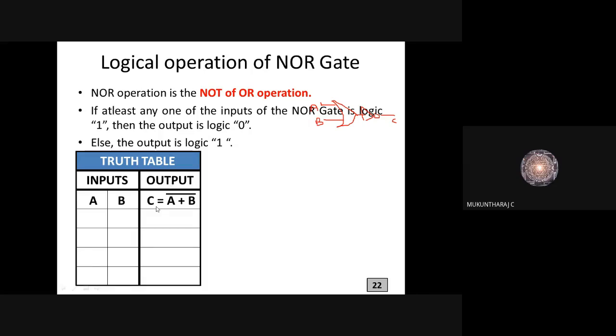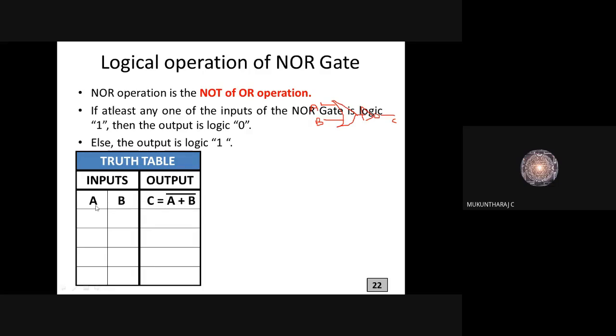This is the logical expression for the NOR gate: C equals A plus B whole bar. A plus B alone represents the OR operation, and on this OR operation we are taking the NOT or complement operation. So A plus B whole bar gives the NOR operation.